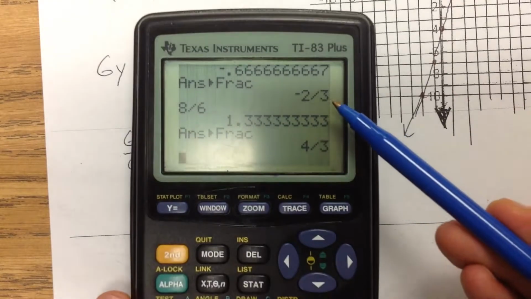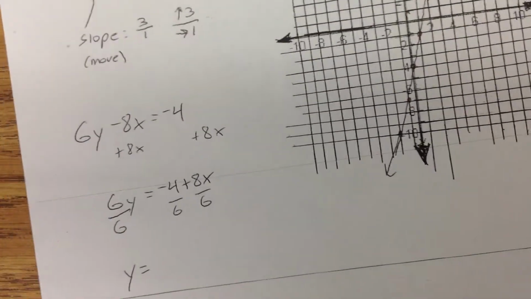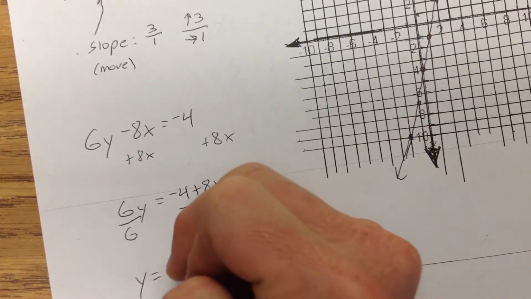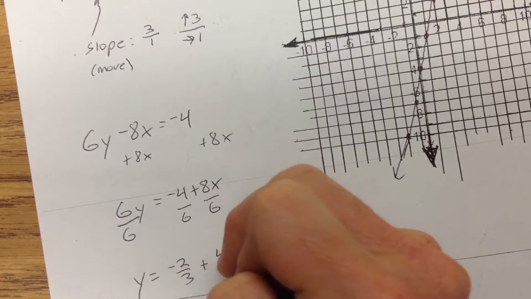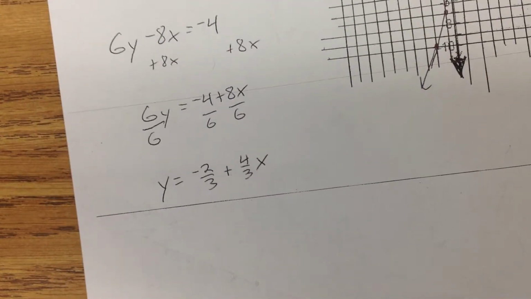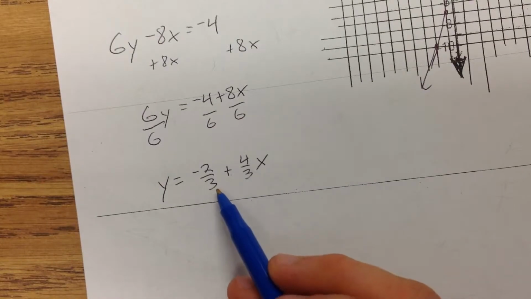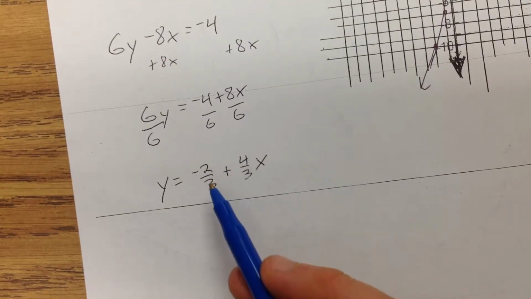One is giving me negative 2/3, the other one is giving me positive 4/3. So I have y equals negative 2/3 plus 4/3 x. Now if we look at this one here, you're going to see that the y-intercept is not an integer. It's a fraction here.